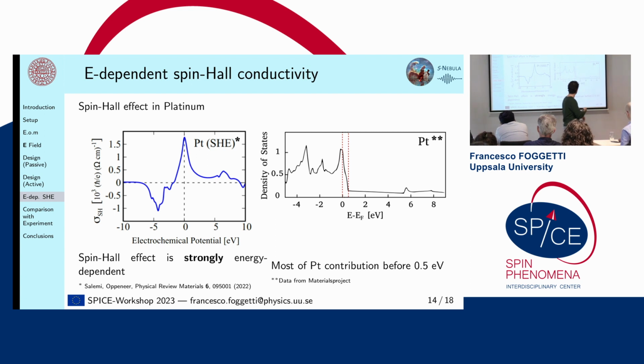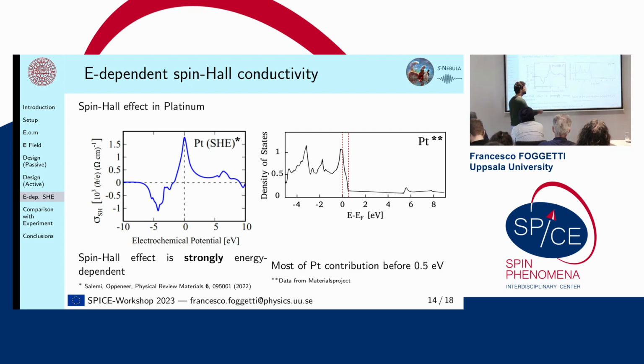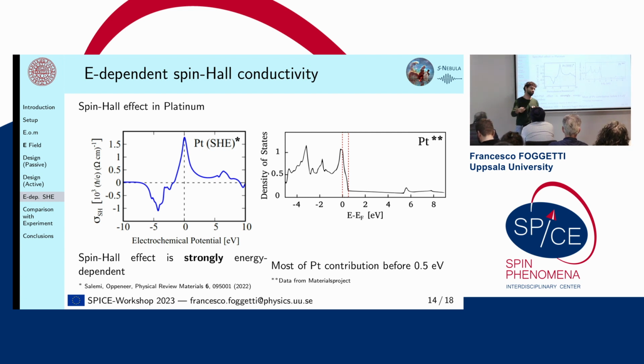You can also combine this information with the fact that platinum's density of states is pretty much peaked between 0 and 0.5 eV. So combining these two pieces of information makes me think that, okay, I'm injecting a current into platinum, but maybe not all those electrons, as I get them out of my simulation, are going to contribute as I expect.